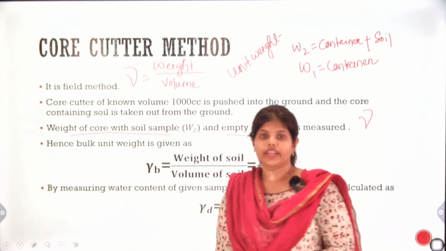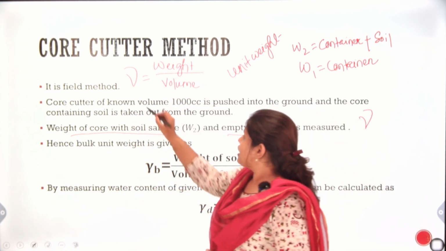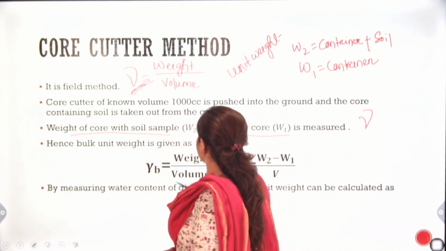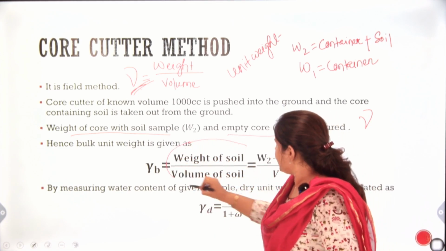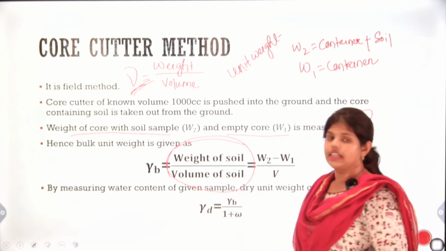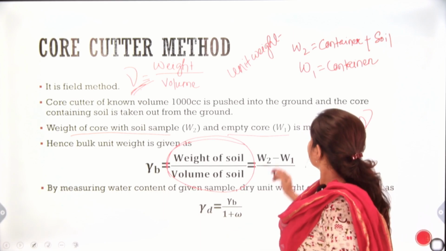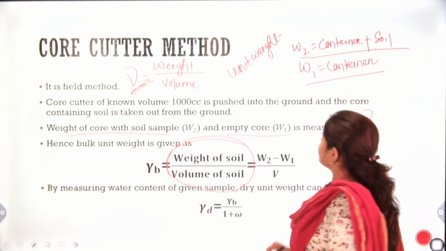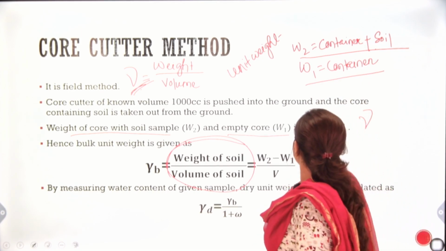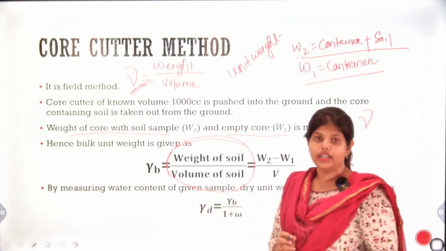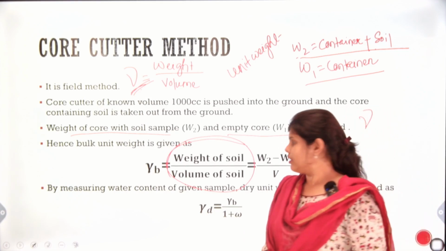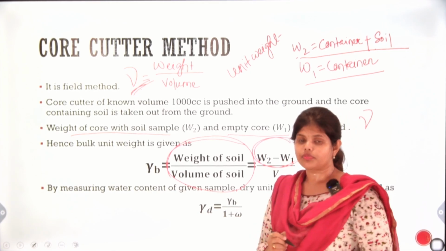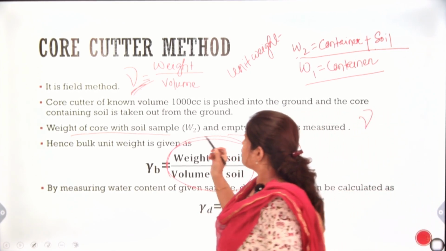For unit weight of soil, we need weight of soil and volume of soil. Here we have W2 as container plus soil and W1 as container. If we subtract W1 from W2, we get the weight of soil. Here W2 minus W1, and the volume is already given.